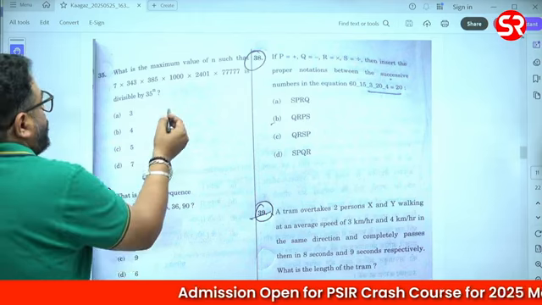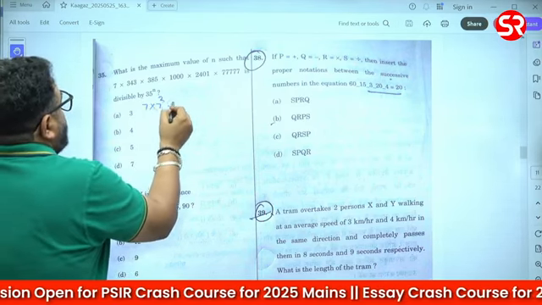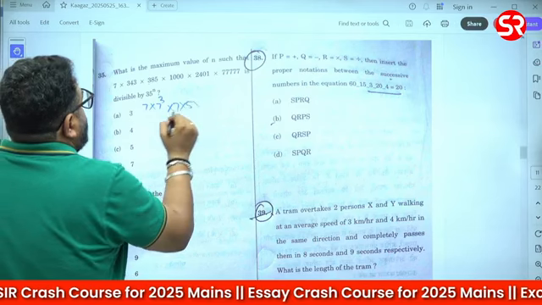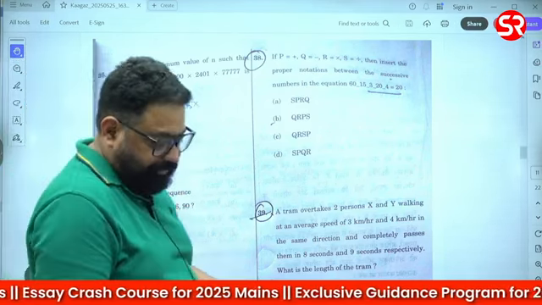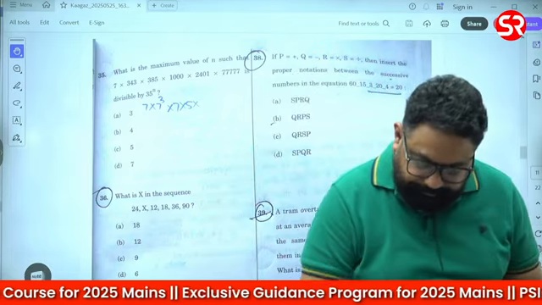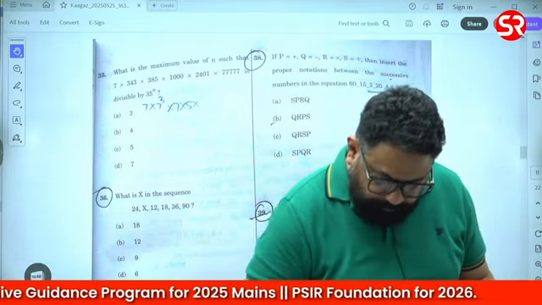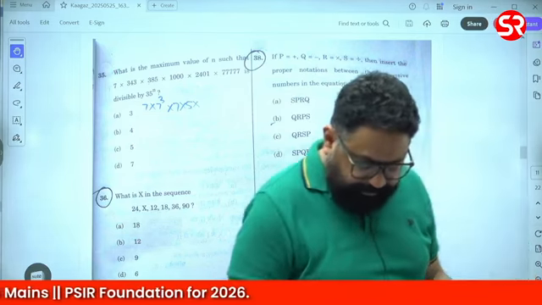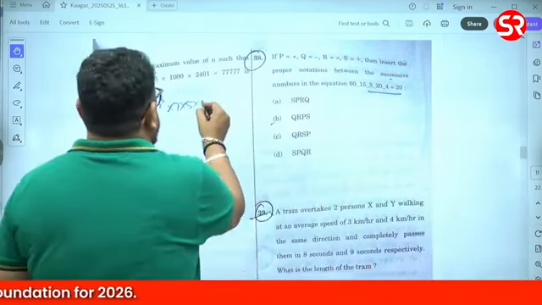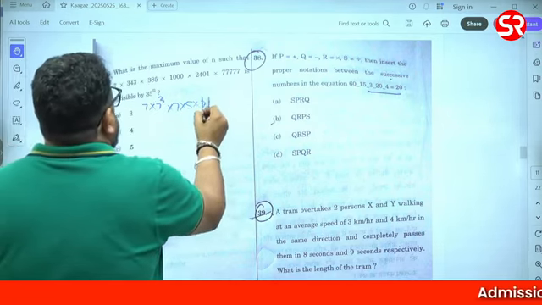Then he says, what is the minimum value of n? This is 7 cube, this is 7 into 5 into 7 into 11, right? It will be 11. Yes, 11, right?